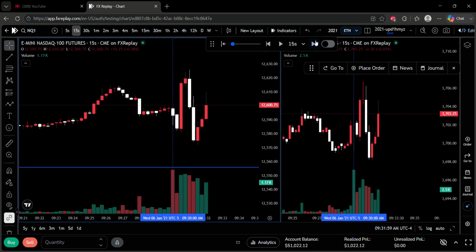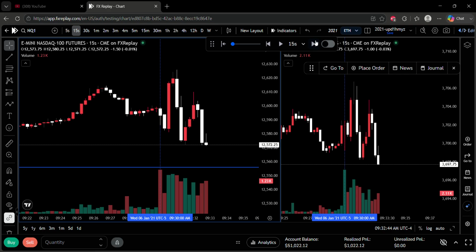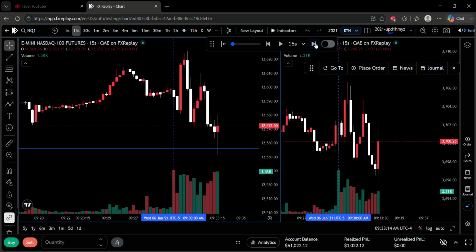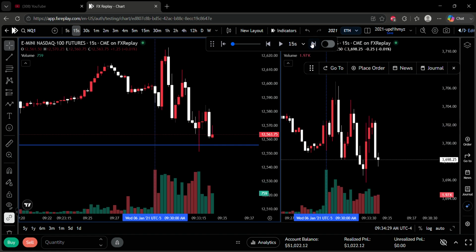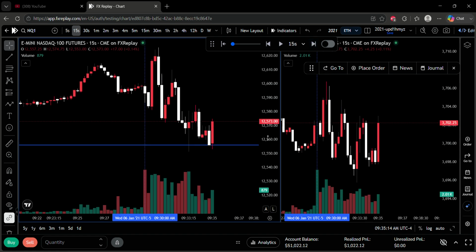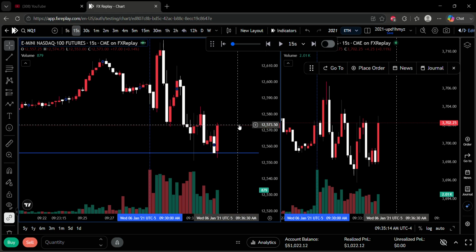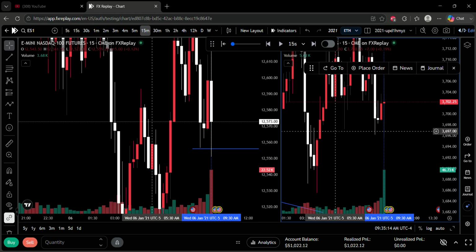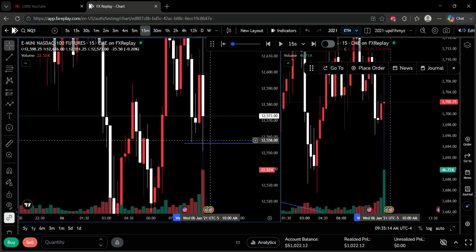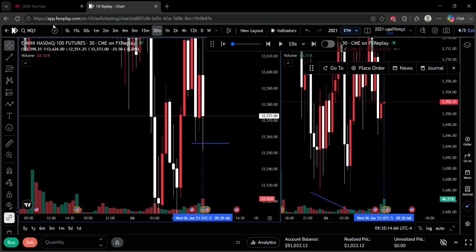Let's see what we do here. Gonna have to sweep this level on NQ and ES. Let's see. Yes, swept in a 15-minute gap. NQ swept in a 30-minute gap.